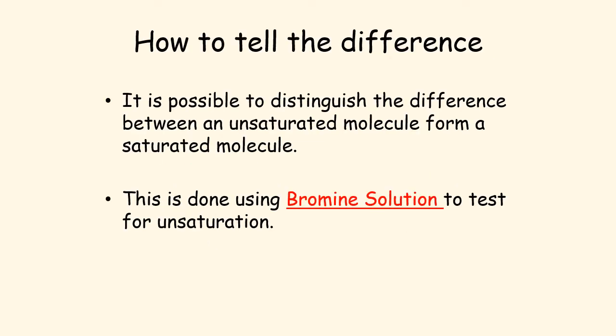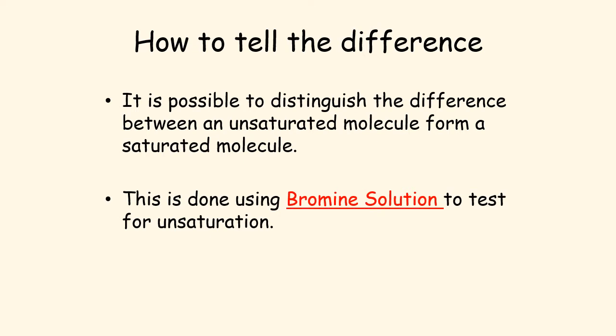So other than looking at a picture of the chemical to see if it contains a double bond, how could we tell whether a compound is saturated or unsaturated? Well, this is done using the bromine solution test, and the bromine solution tests for unsaturation.